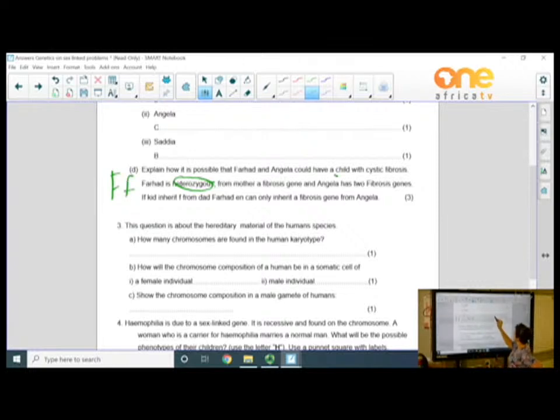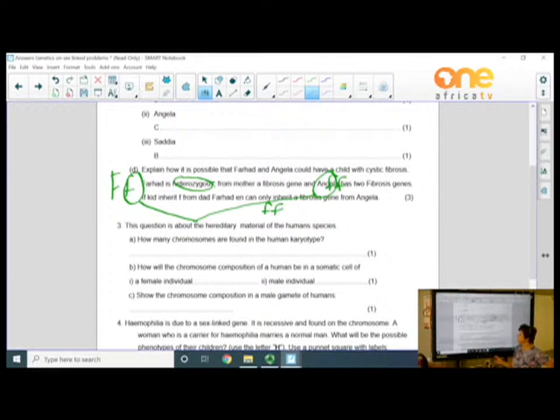Angela looks like this. If a kid inherits from Farad's sperm that F, from Angela, the only possibility will be to inherit a recessive F. Their children will have a possibility.